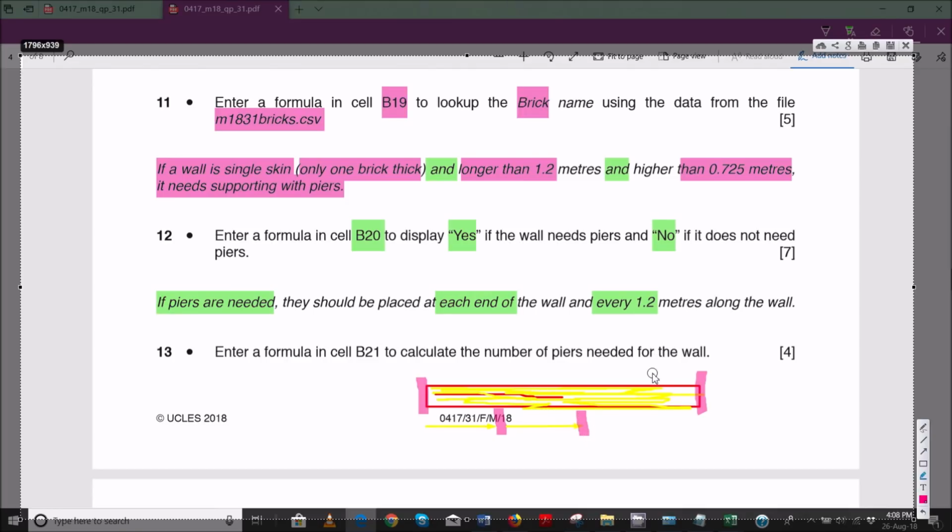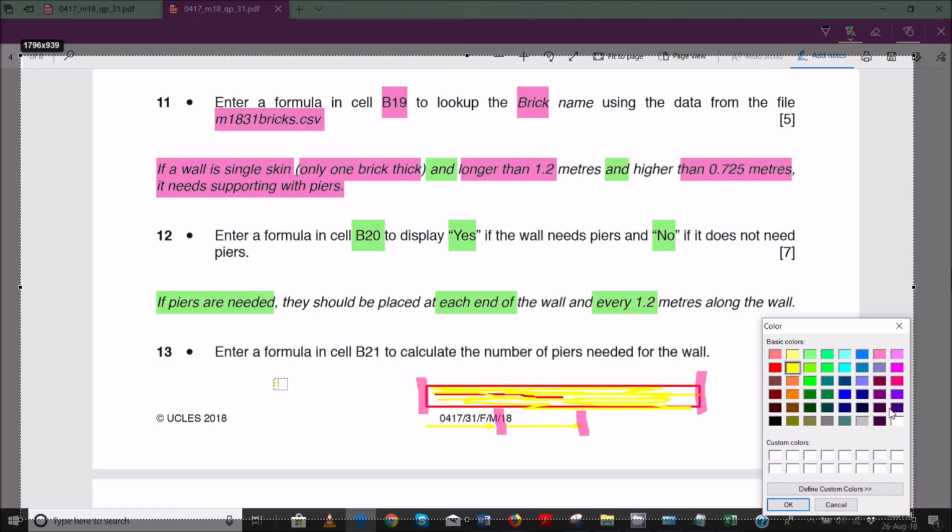So that's what the question is actually telling you. It says now, enter a formula in cell B21 to calculate the number of piers that are needed for the wall. Okay, so automatically I know that if I need piers, the first thing is that I'll have two of them. Why two? Because I need one at each end.